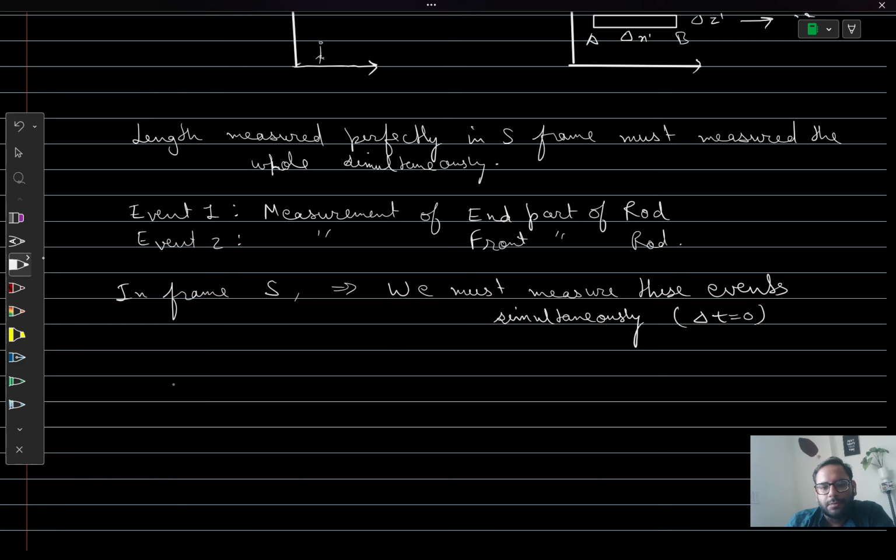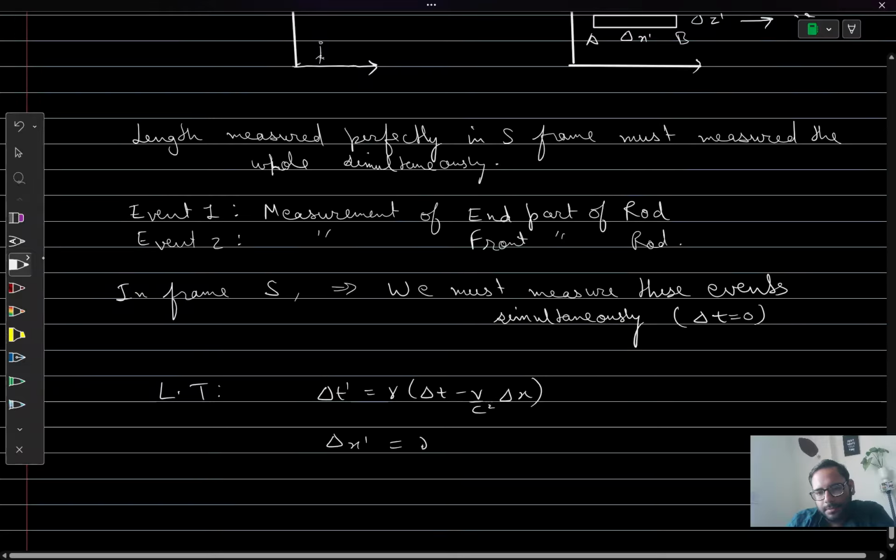So we again take Lorentz transformations, that is del t prime is equal to gamma times del t minus v by c squared del x, and del x prime is equal to gamma times del x minus v delta t. Of course, this will not be affected.